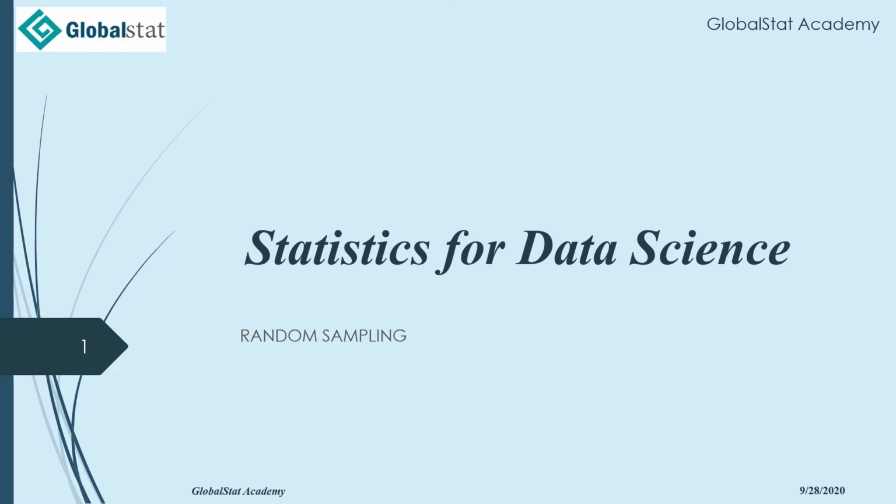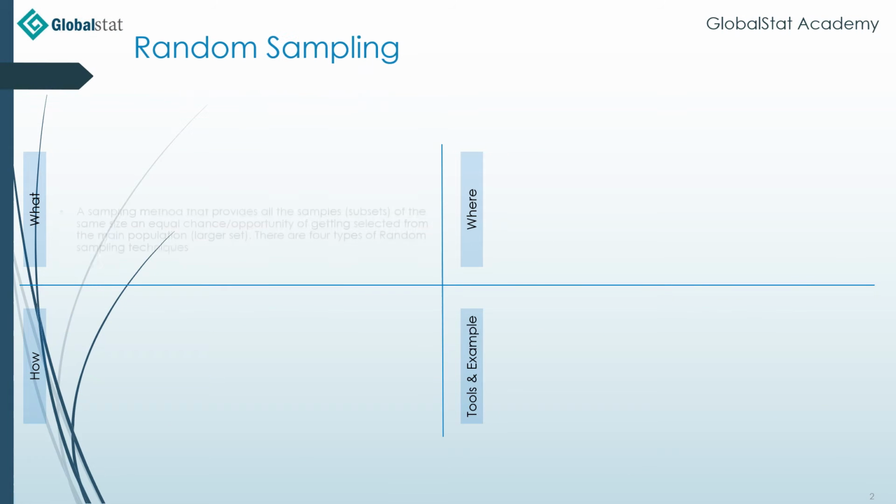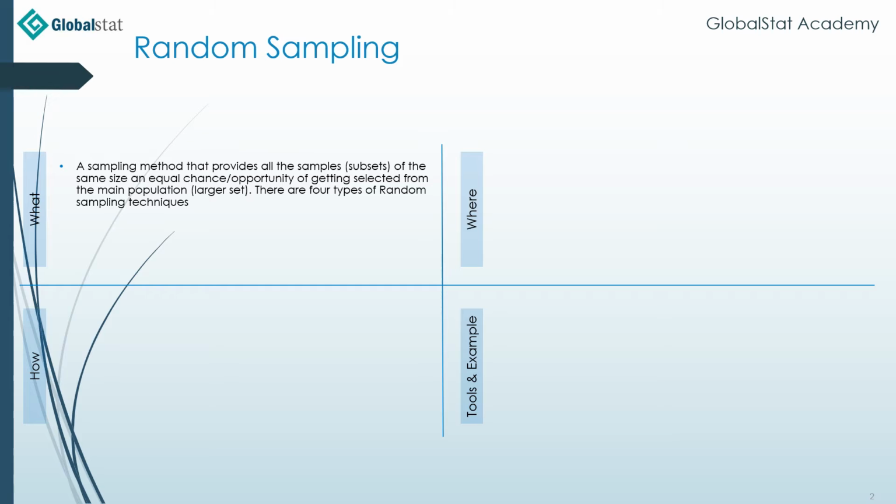So an unbiased random sample is very important for drawing conclusions. It is a sampling method that provides all the subsets of the same size an equal chance and opportunity of getting selected from the main population.